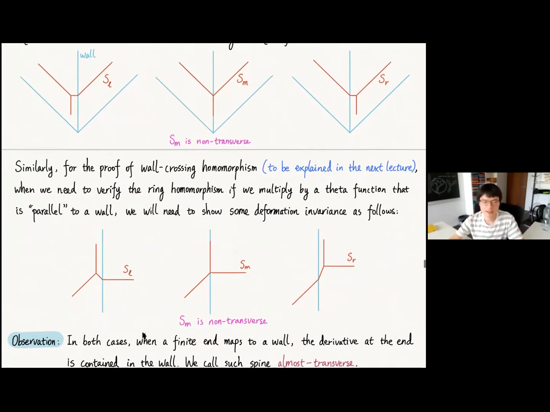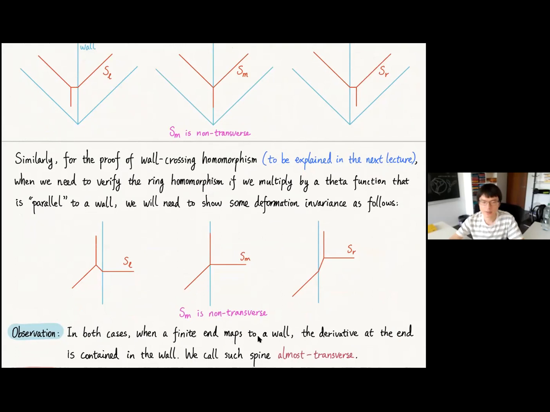In both cases, when a finite end maps to a wall, the derivative at the end is contained in the wall. So although they are non-transverse, they all satisfy this special condition, we call such a spine almost transverse.